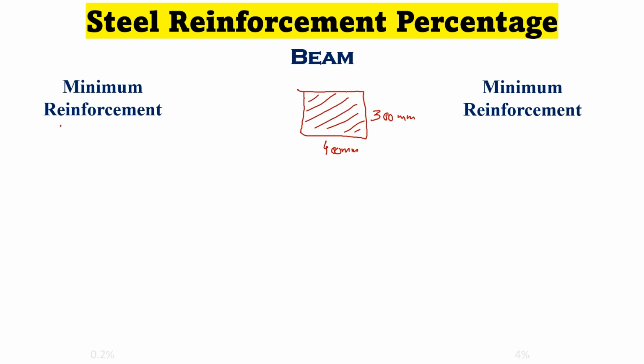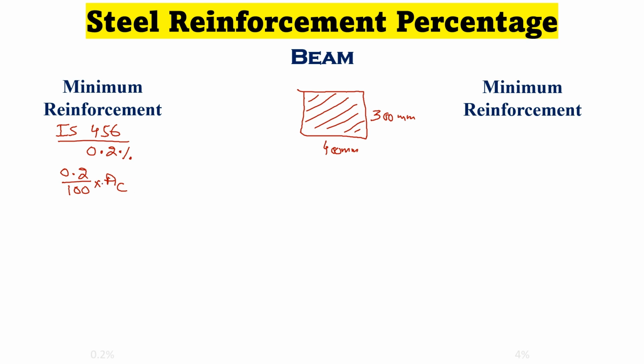According to Indian standard IS 456, the minimum percentage of steel in the beam cross-section is 0.2%. In fractional value, we can say that it is 0.2 by 100 times the cross-sectional area of the beam.